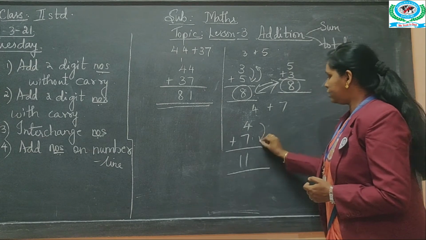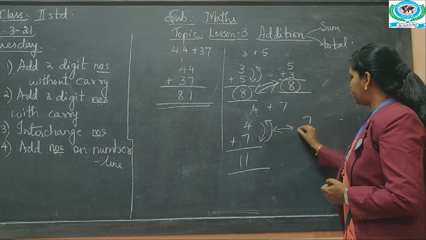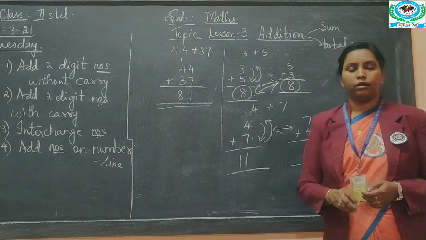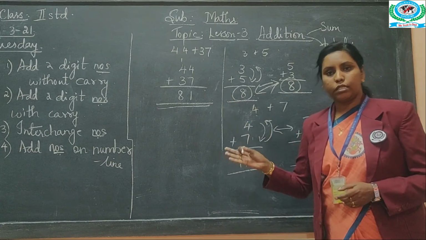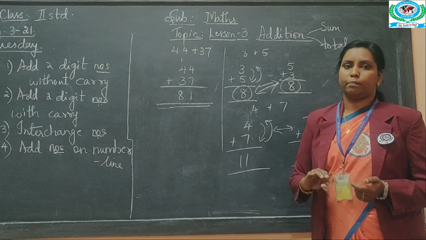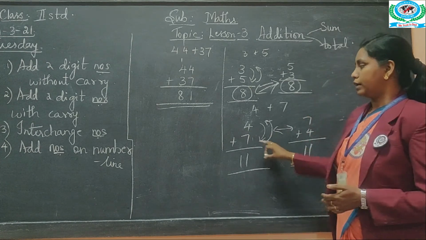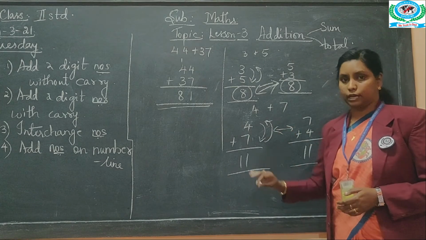When I interchange them, 7 plus 4 is also nothing but 11. So this is the concept of interchanging numbers. The sum will always remain the same.